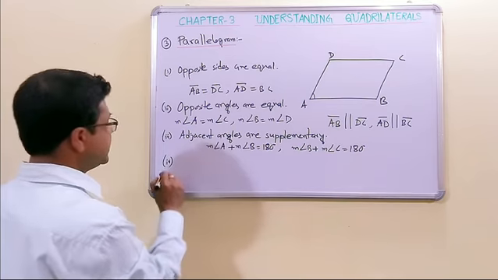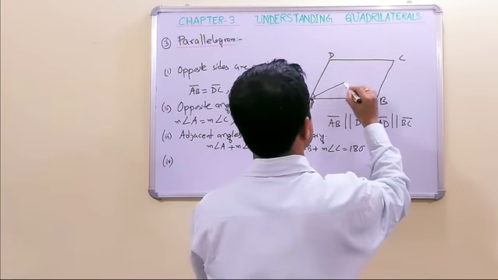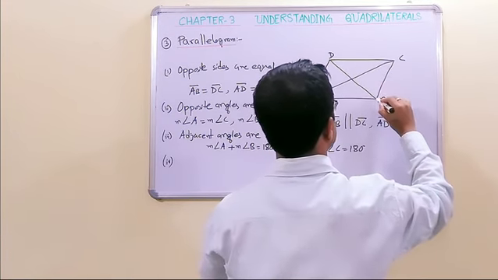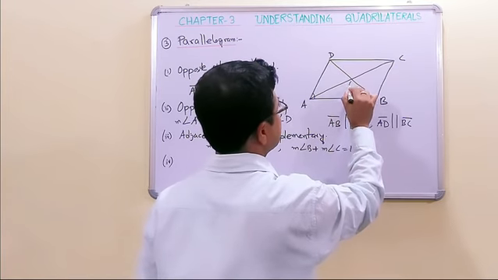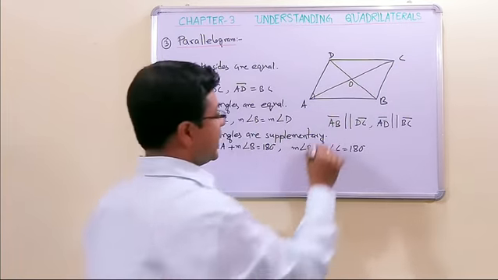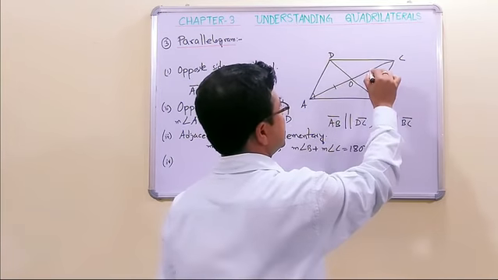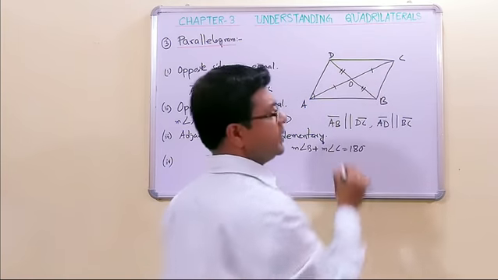Now the fourth property is about the diagonals. You know about the diagonals. AC is one diagonal, BD or DB is one more diagonal. Say the diagonals intersect at point O. The fourth property is that diagonals bisect each other. That means AO equals CO and BO is also equal to DO.